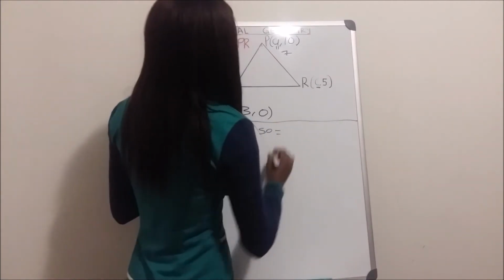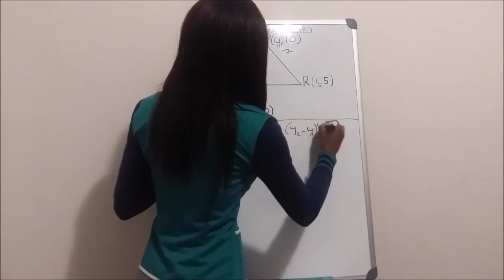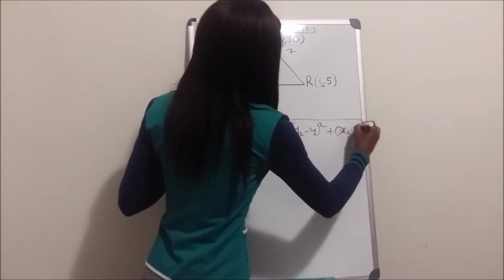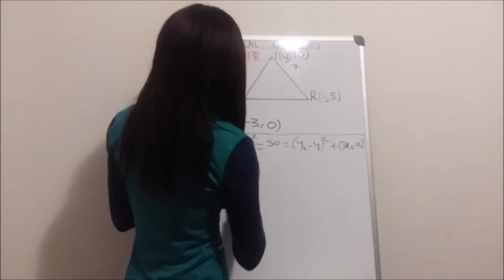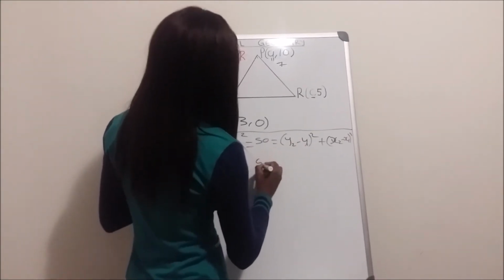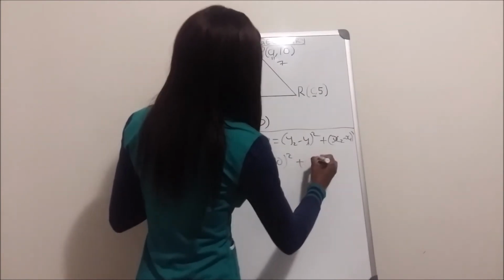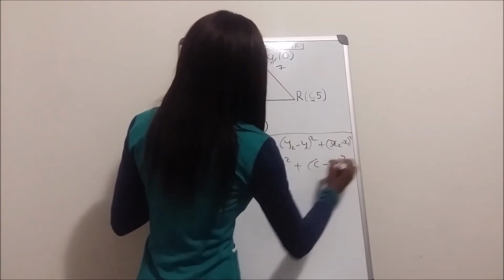It's equals to (y2 minus y1) squared plus (x2 minus x1) squared. Then here we're going to have 50 equals to (5 minus 10) squared plus (c minus 7) squared.